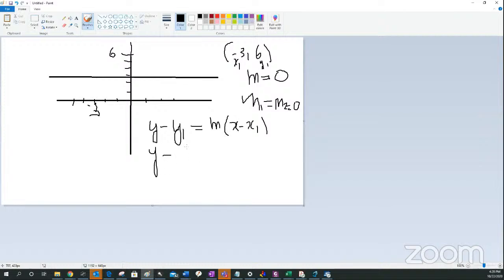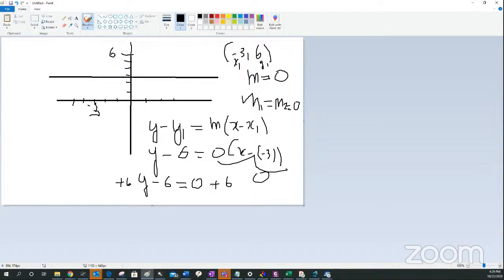So y minus 6 is equal to 0 times x minus negative 3. So all this section is 0. So y minus 6 is equal to 0. If you add 6 to each side, that will give you y equals 6. Thanks, Anastasia. That was good.